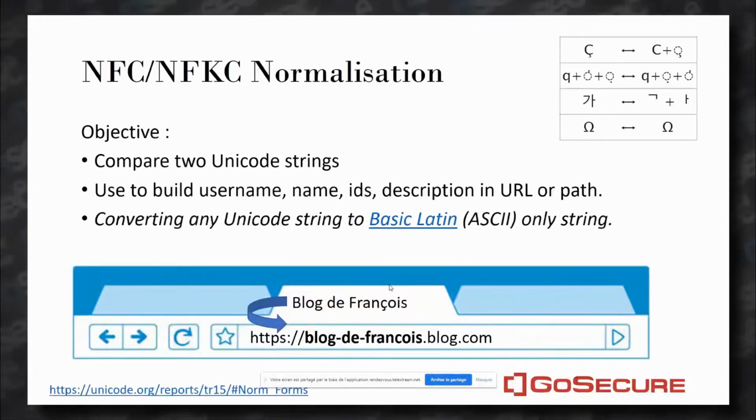So for example, at the top right, you can see a few examples. The capital C with cedilla can be written with a single character, but also with a capital C with a combining character that will include a cedilla. A bit like the character on my title slide, which has a combining character on top of any character.